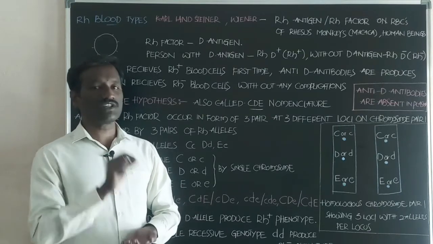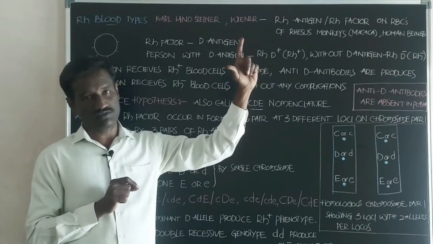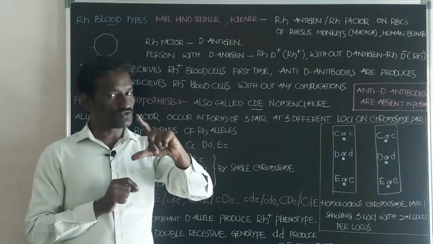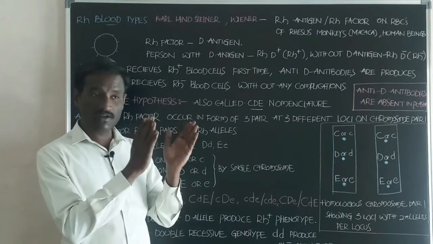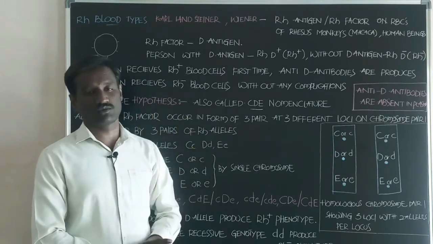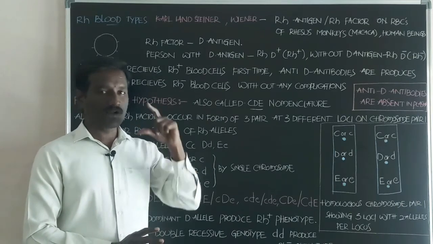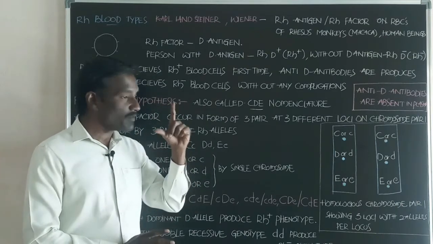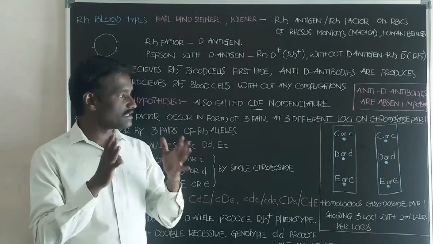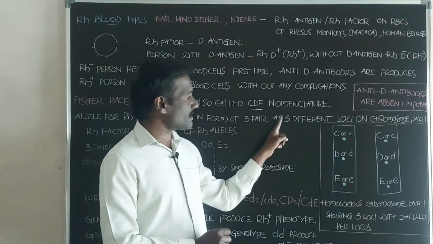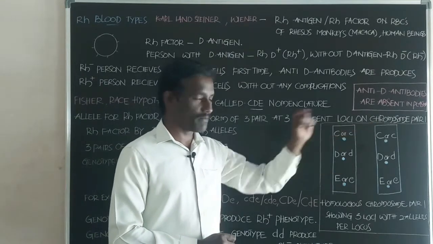In these 23 pairs, if you observe the first pair of chromosomes, these are homologous chromosomes, having loci. In those loci, three pairs of alleles are present, at three different loci on chromosome pair 1.